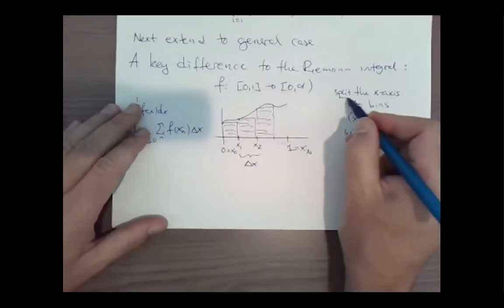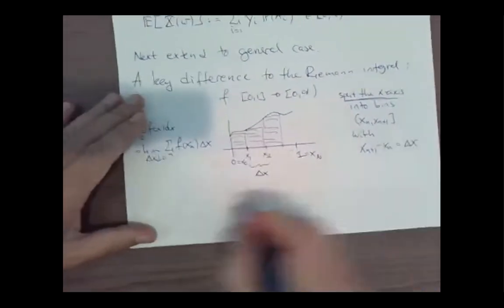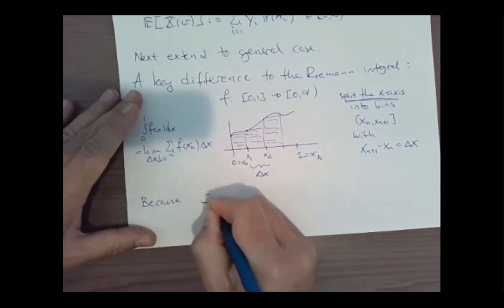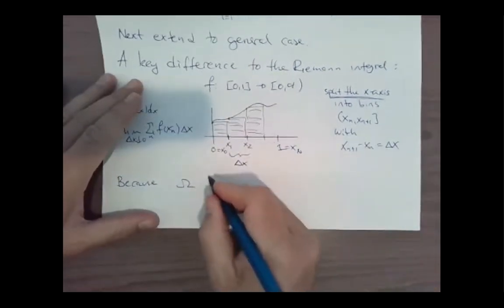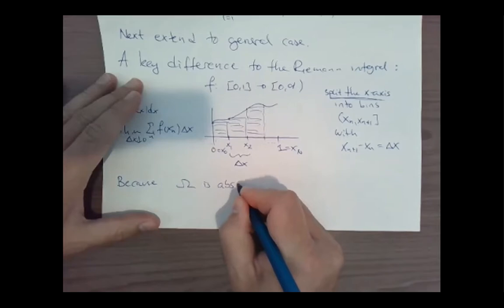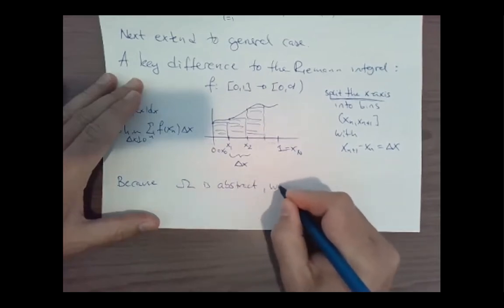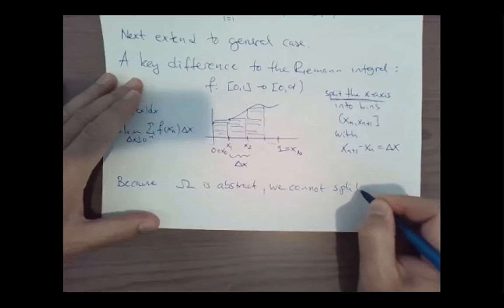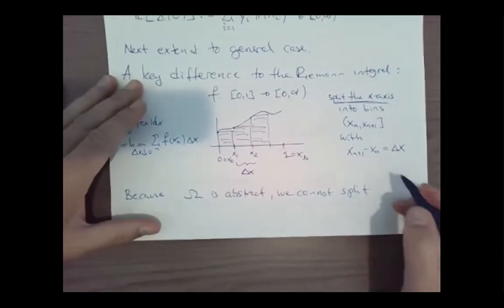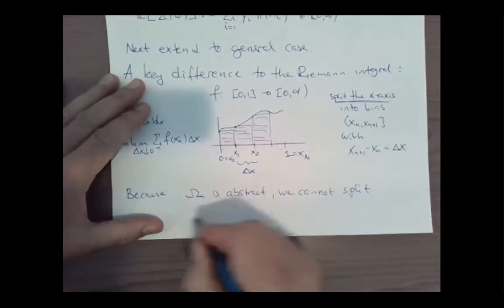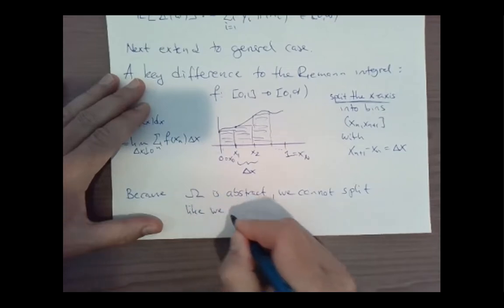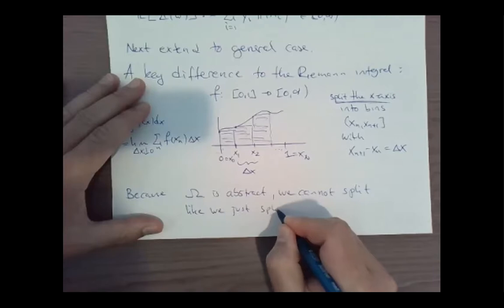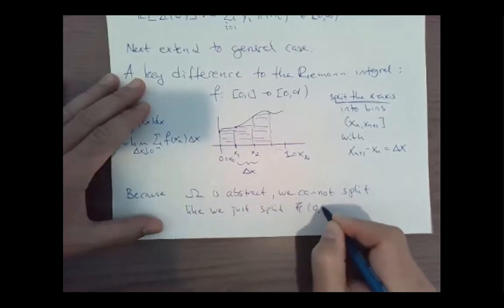And the key thing is that we split the x-axis. Because omega is abstract, we can't split it like we just split the interval 0 to 1.